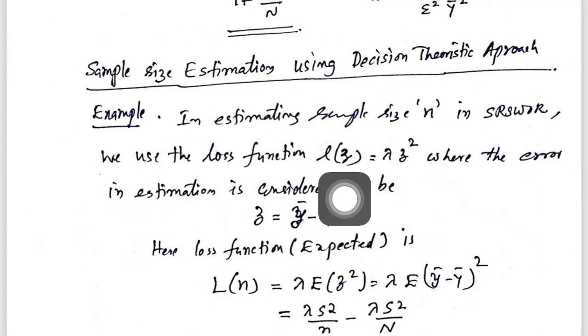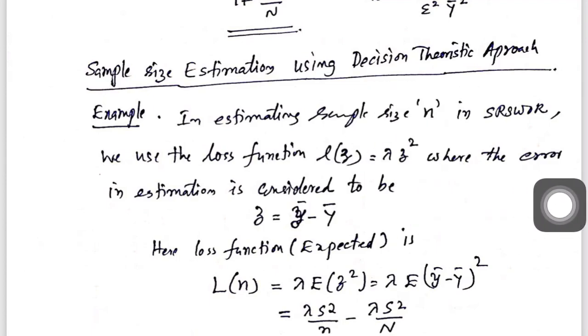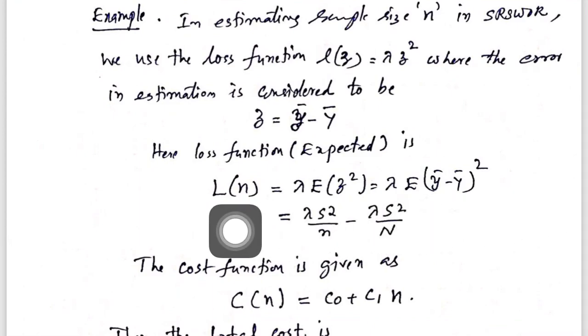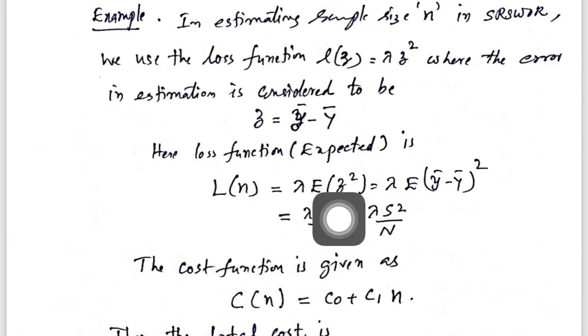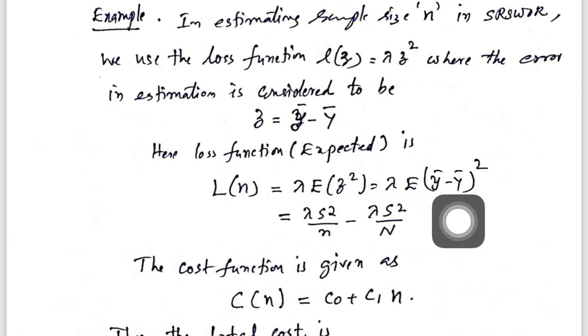Now for this particular loss function, we will see that the expected loss, that is L of n, is equal to expectation of L of z, that is lambda into expectation of z square. That is lambda into expectation of y bar minus capital Y bar the whole square.